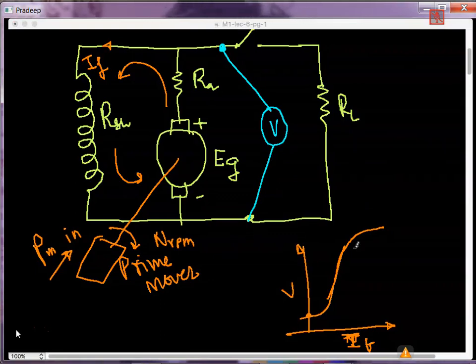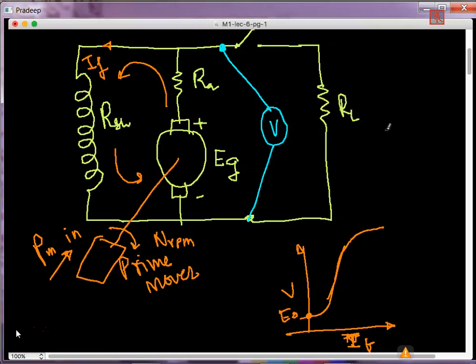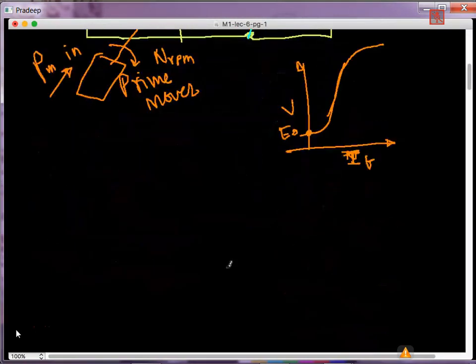Let me also mark some points here. This voltage is called E naught, that is the no load voltage. Let me once again draw this more clearly.